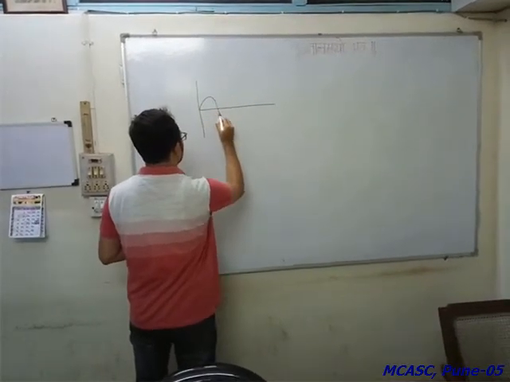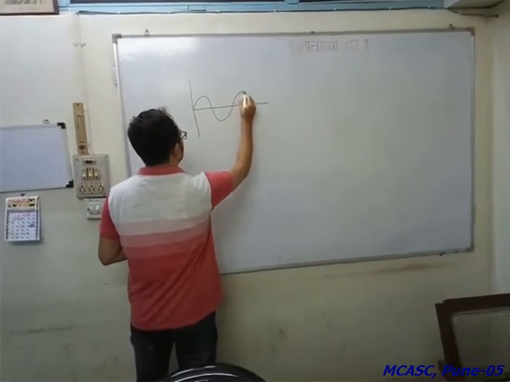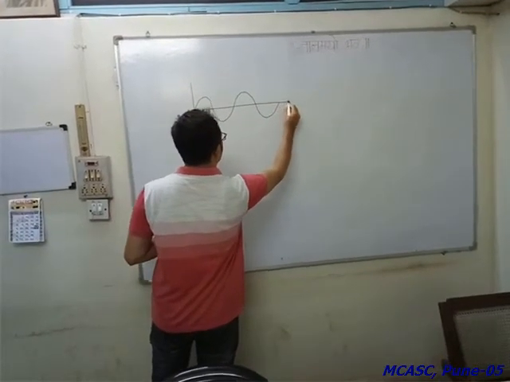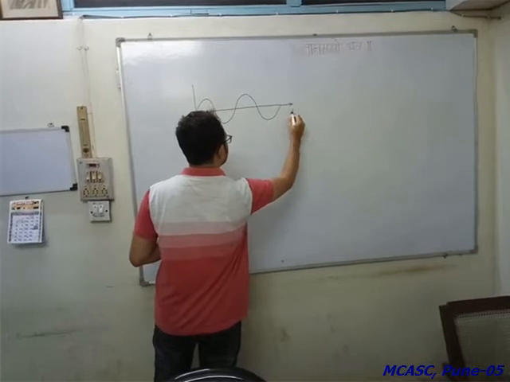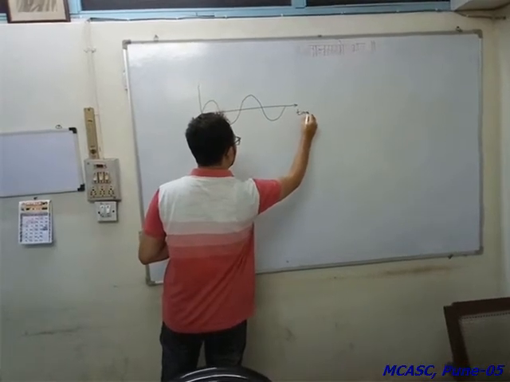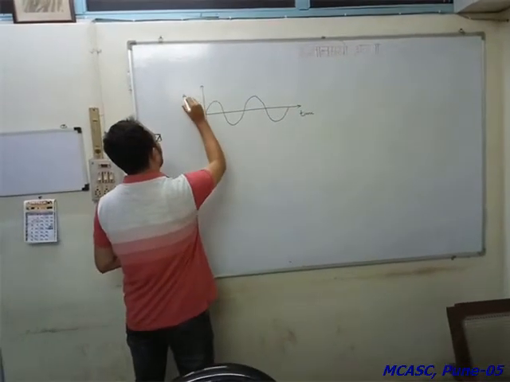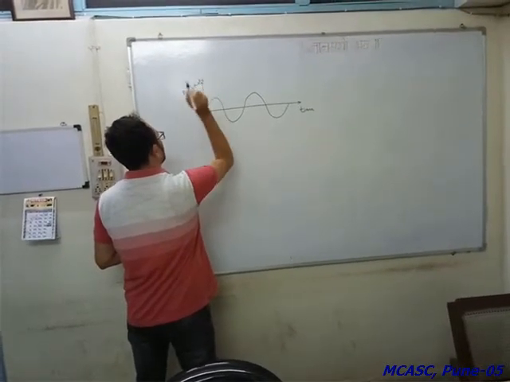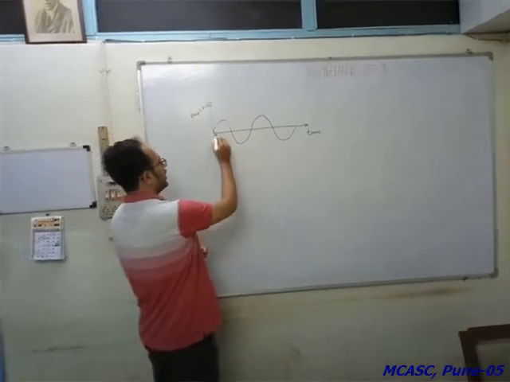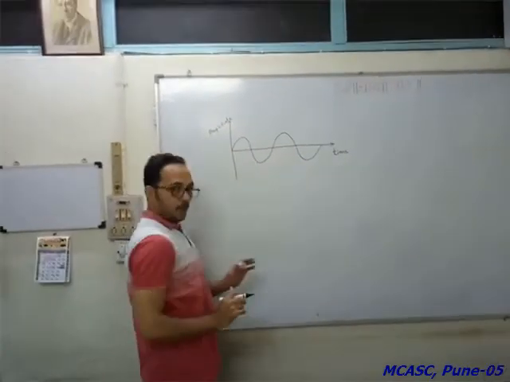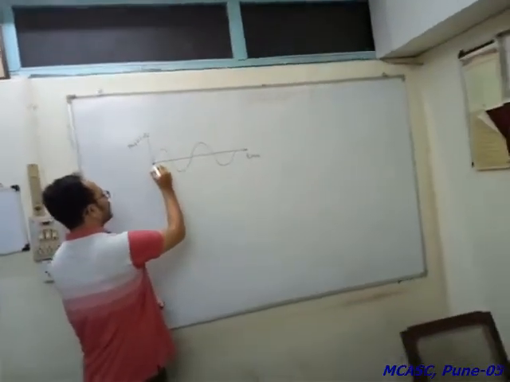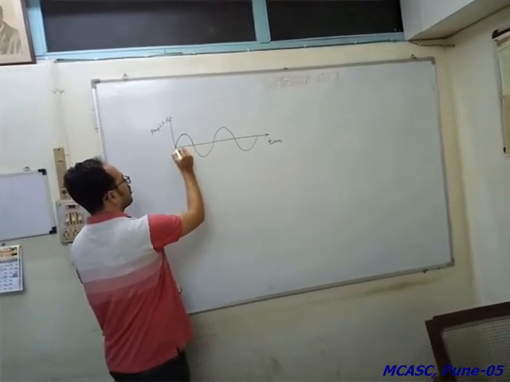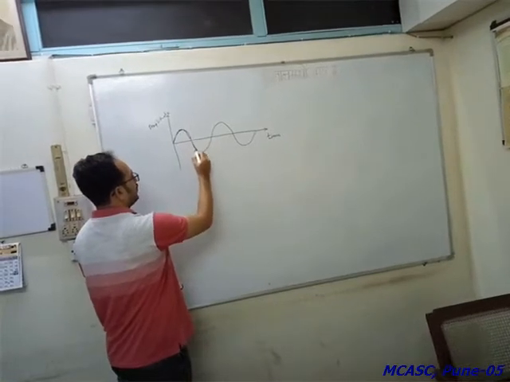Suppose let us assume this as a signal. On the x axis it is time, on the y axis it is amplitude. Here, a wave consists of one crest, this is called a crest, and one trough.